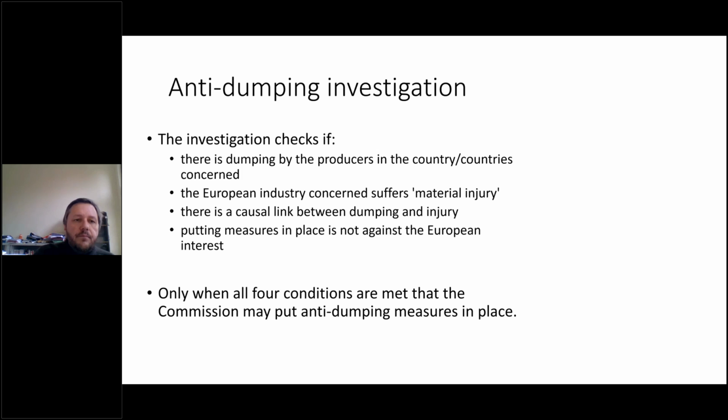And if there is a fear of dumping, so that's an exporter putting products on the European market, an anti-dumping investigation can start. And the investigation checks whether there is dumping by producers in the countries concerned. So maybe there are Vietnamese or Canadian or Russian producers putting products on the European market.